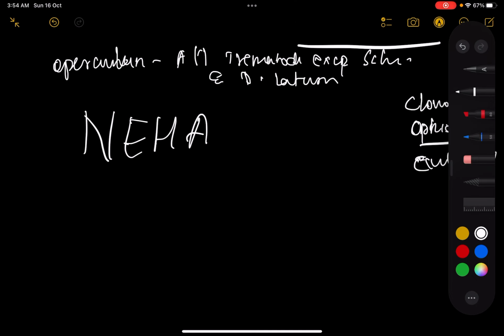Is it non-embryonated? Well, the Schistosoma eggs, obviously, are non-operculated, and it does not have an operculum. S. mansoni is acid fast, okay, but again that's not so important.